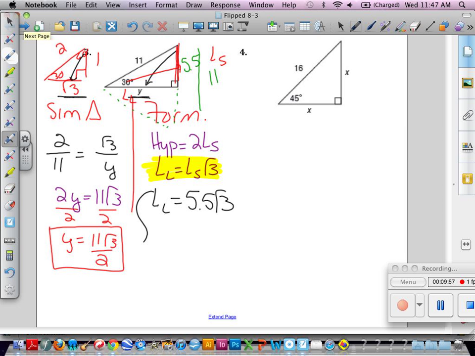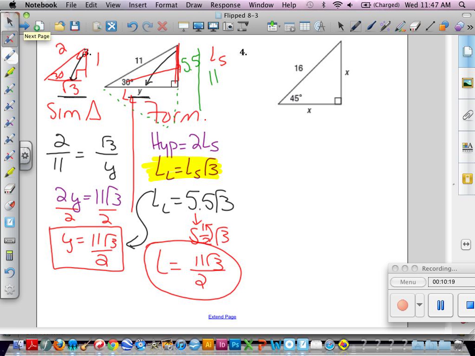It isn't. You can't have decimals and radicals, so I'm going to make this be an improper fraction, which is first off 5.5 root 3, and then now I'm going to take 5 times 2 is 10, plus 1 is 11 over 2 root 3. So I'm getting the same thing, just a different way to do it.